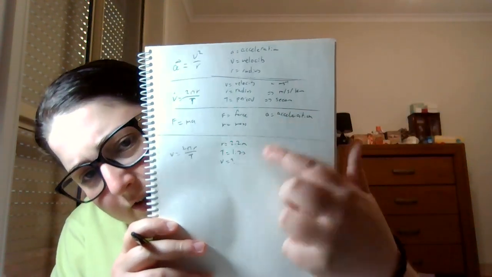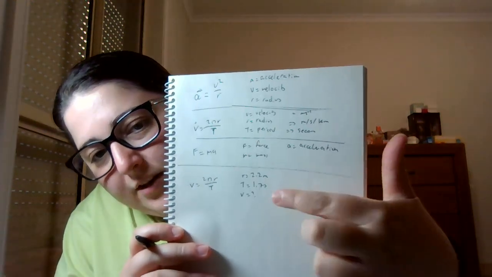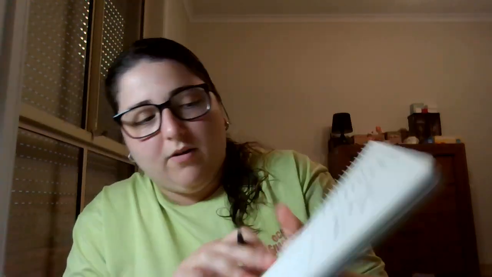Our velocity is unknown. Okay, so once again, when you're writing out your problems, write out what values you have and the unknown that you're trying to figure out. Alright, then we take our values and we plug them back into our equation. v equals 2 times pi times 2.2 over 1.7.